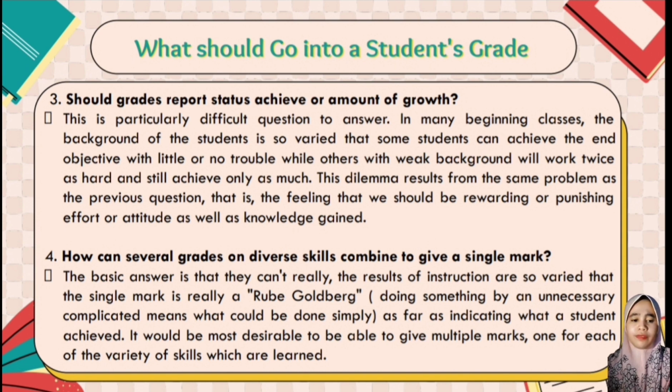This dilemma results from the same problem as the previous questions, that is, the feeling that we should be rewarding or punishing effort or attitude as well as knowledge gain.